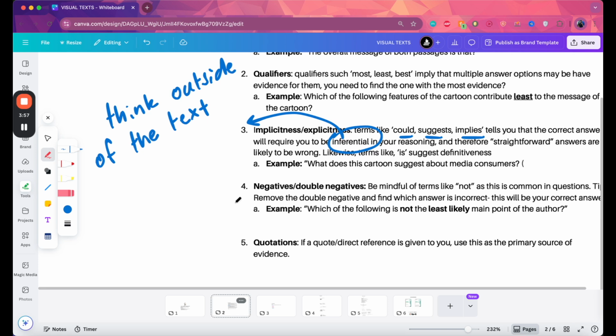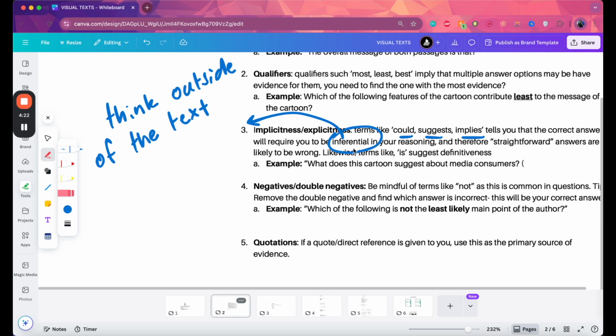For example, maybe there's two characters, and maybe they are having an argument, and then we can infer from whatever they're arguing about that something else might have happened. Maybe these two parents are arguing with each other, talking about something related to a child, and maybe that child passed away, or something happened to that child, or one of the parents hurt that child.